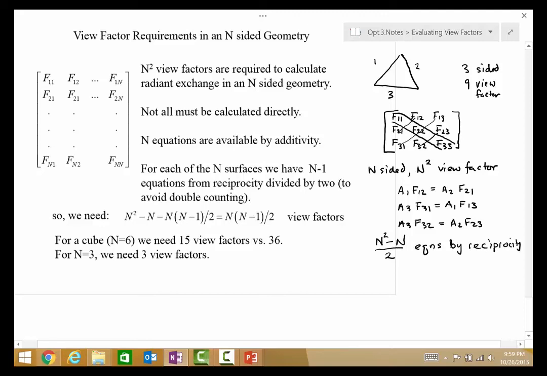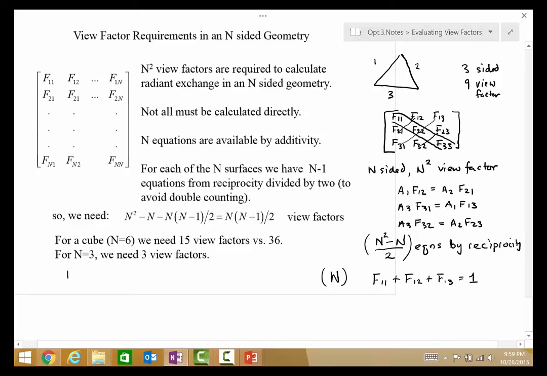Also, for each of these sides, we have additivity. Additivity says that F11 plus F12 plus F13 is equal to 1. So each side has an additivity equation. So we have n additivity equations and (n squared minus n) over 2 reciprocity equations.